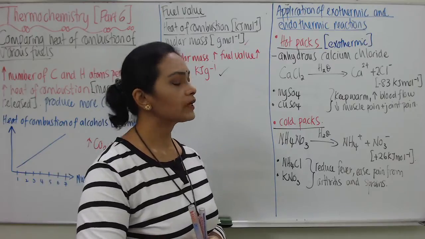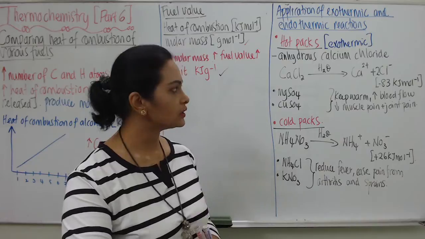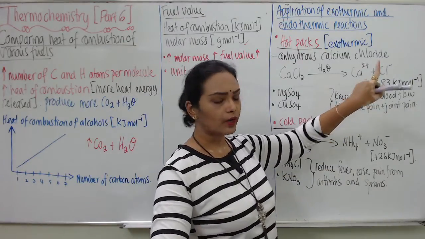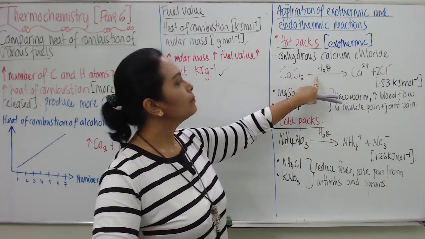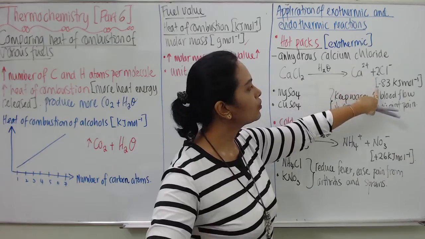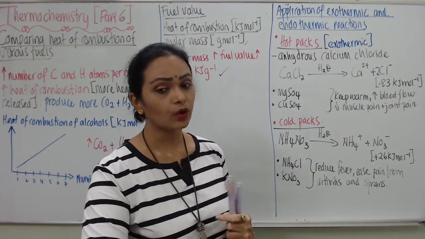Anhydrous calcium chloride is a substance that, when dissolved in water, will produce a certain amount of heat. Here it is negative 83 kilojoule, not too high, not too low.